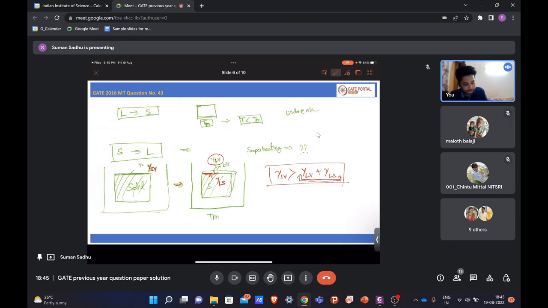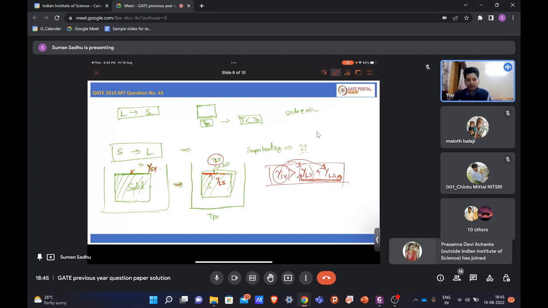It does not require any extra energy to form this kind of surface, because that energy is already associated with this surface, and it is only contributing to forming these two surfaces, and this energy is quite a bit higher than the total of these two. That's why when we heat a solid, during melting we don't need any superheating. At the melting temperature itself, the solid will start to form a liquid. So you don't need any superheating in this case.